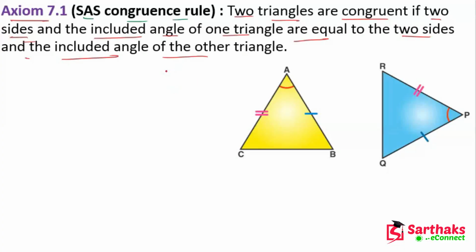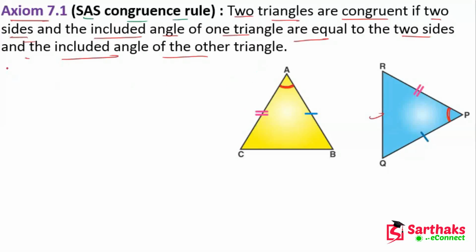So it is saying that if two sides, let's suppose AB and AC, and the included angle of one triangle, meaning angle A, which is between the two sides, are equal to the two sides PQ and PR and the included angle, angle P, of the other triangle, then these two triangles are congruent. Got it, my dear friends?